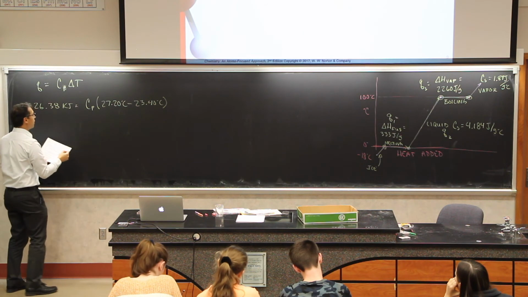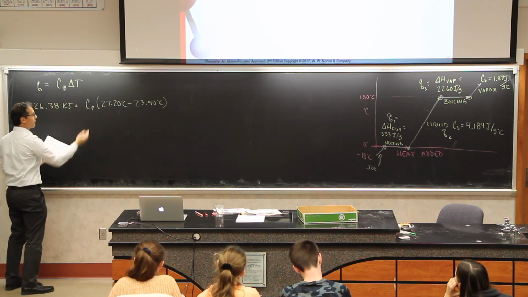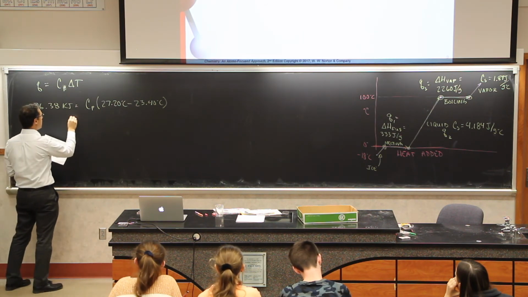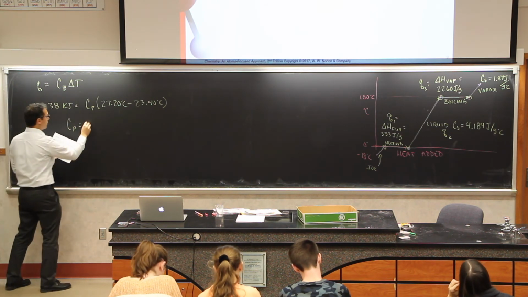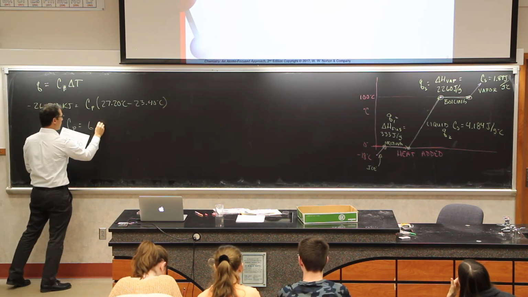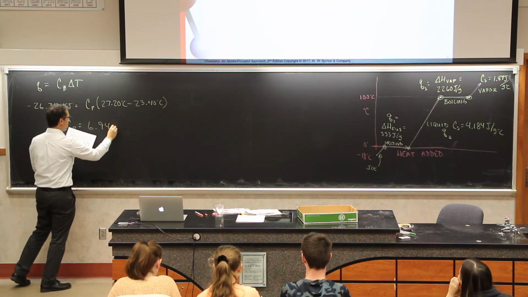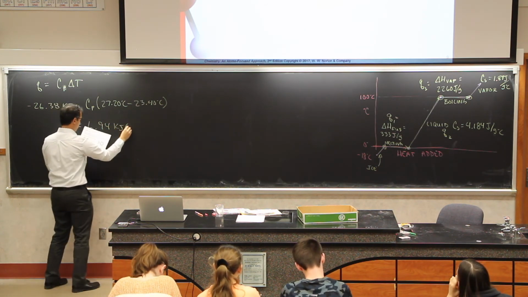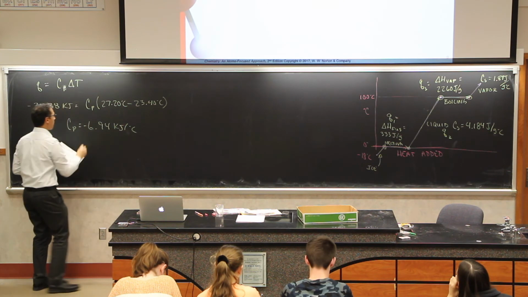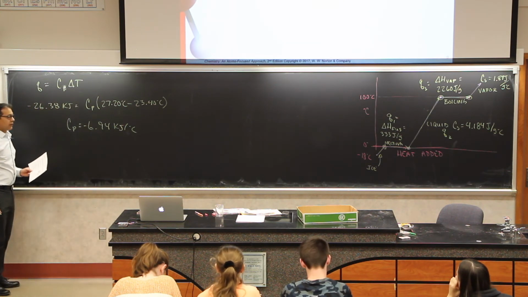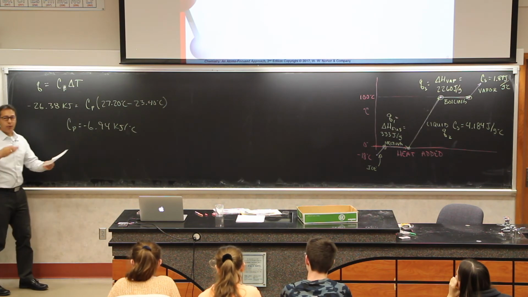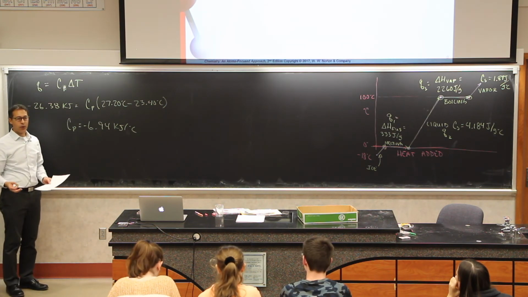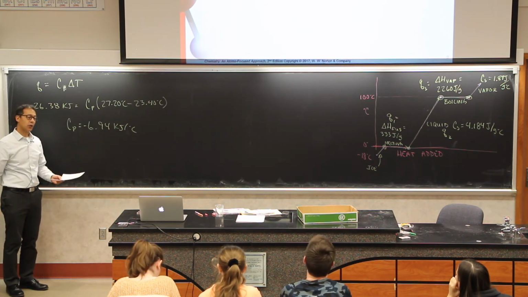And so when we do the math on this, we're just solving for Cp here. So our heat capacity is going to be equal to 6.94 kilojoules per degree Celsius. So that's how much energy it takes to heat up this bomb calorimeter by 1 degree, or to cool it down by 1 degree.